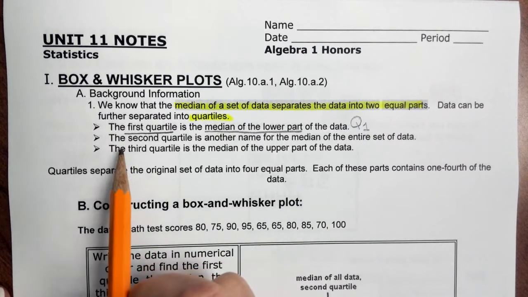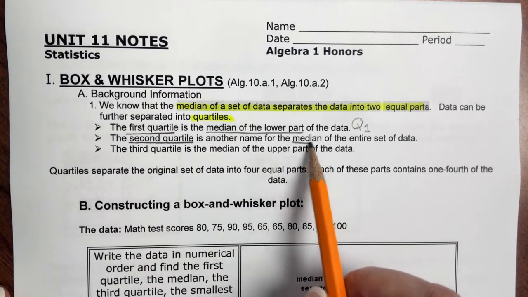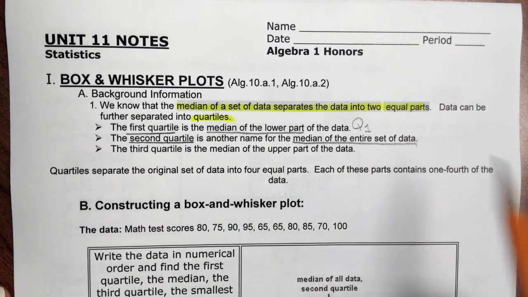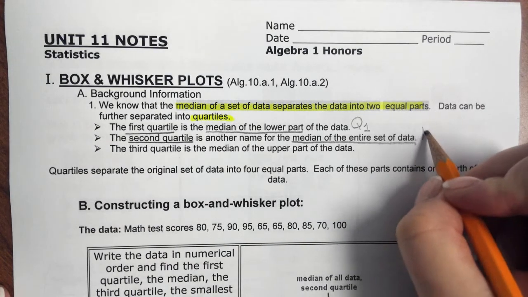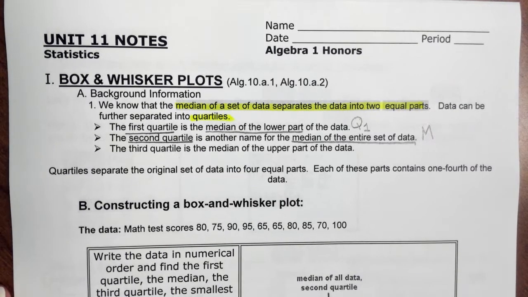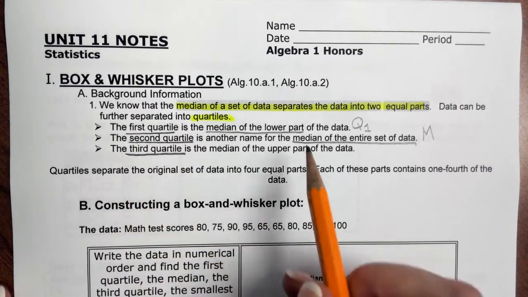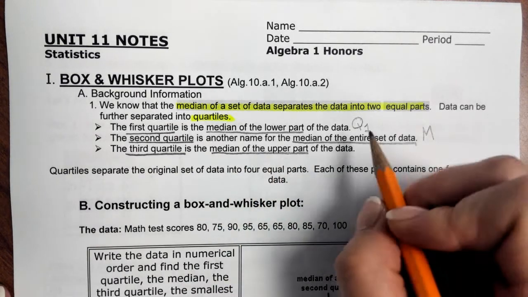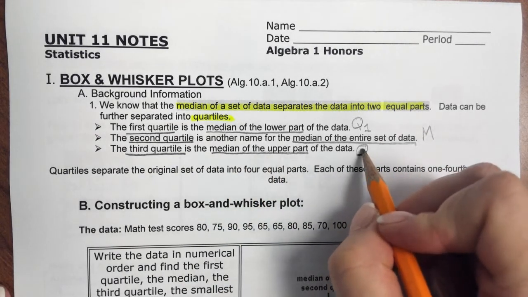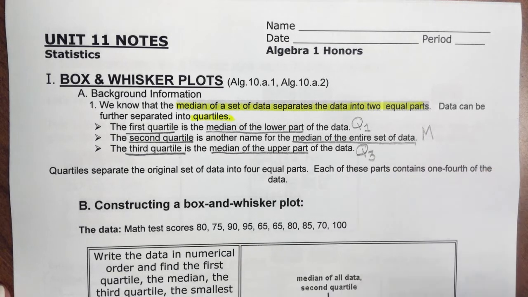The second quartile is another name for the median of the entire set of data, and on our calculator, it'll be symbolized with just an M. The third quartile is the median of the upper part of the data, and that is symbolized with a Q and the subscript of 3.